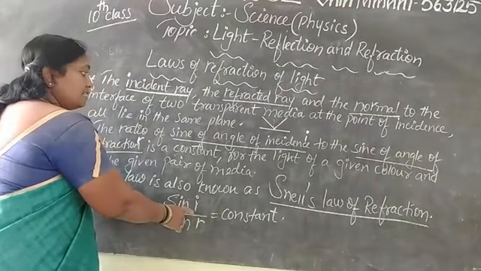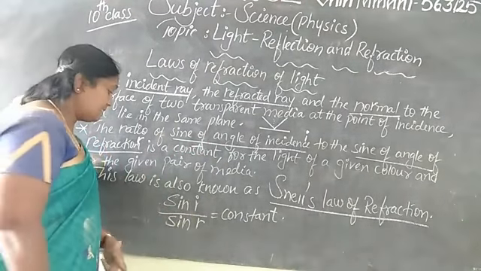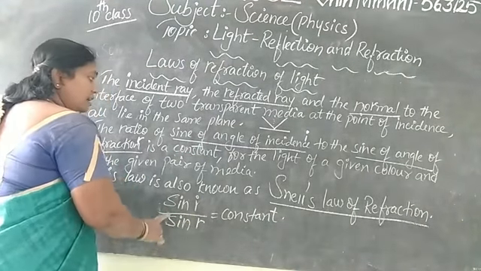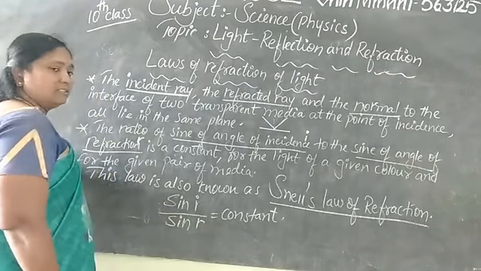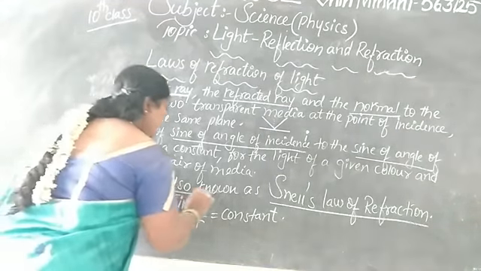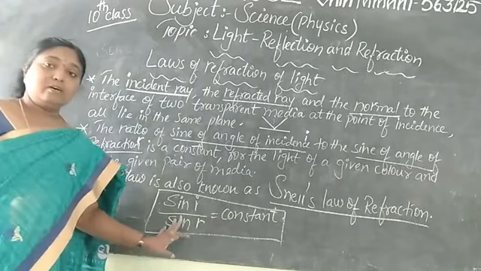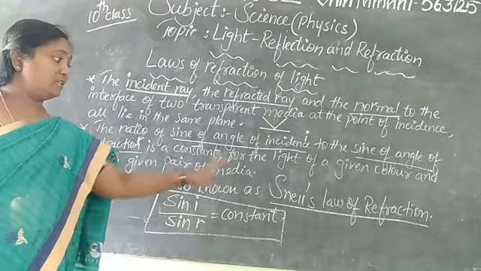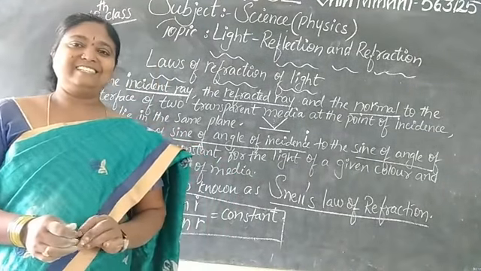What is sine I? Sine of angle of incidence. What is r? Sine angle of refraction. So, sine I by sine r is equal to constant. What does this denote? It denotes the Snell's law of refraction.